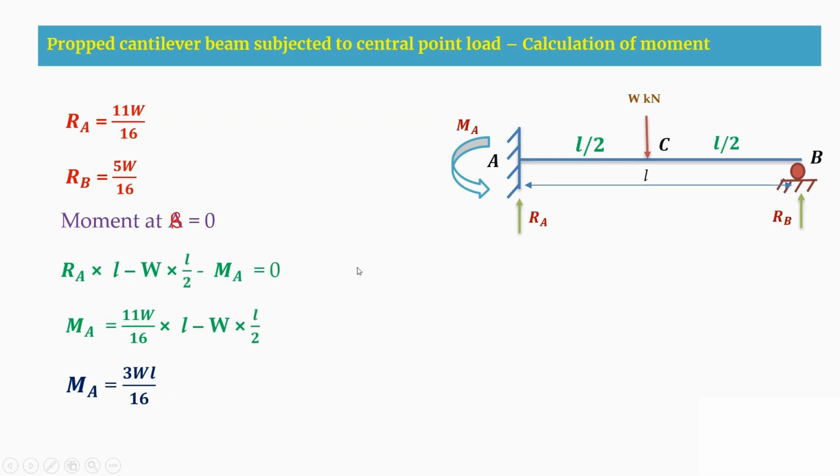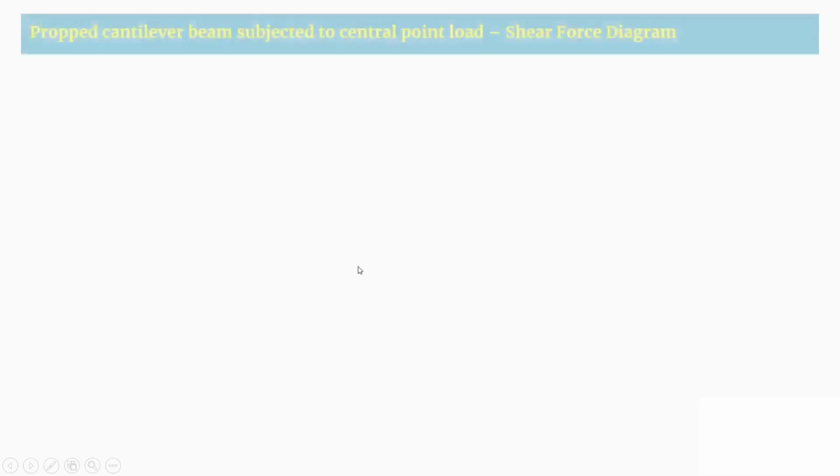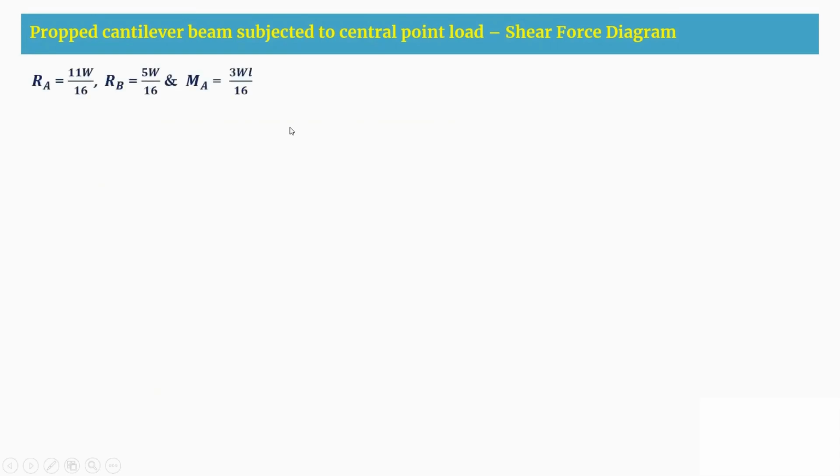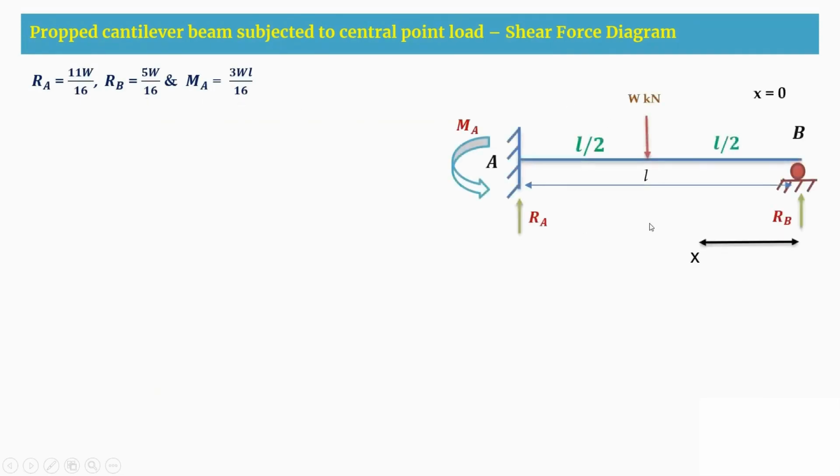Next, after calculating the moment, our next step is to draw the shear force diagram. Before drawing it, let us consider all these reactions RA, RB and MA. We have taken the propped cantilever beam, and I just took a section XX in the BC segment, at a distance of X from the B support.